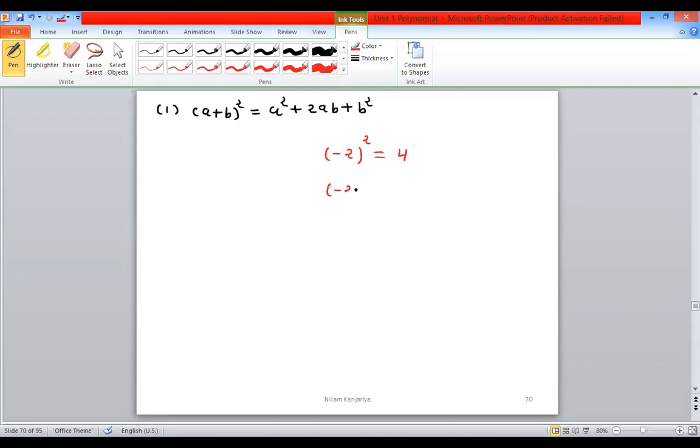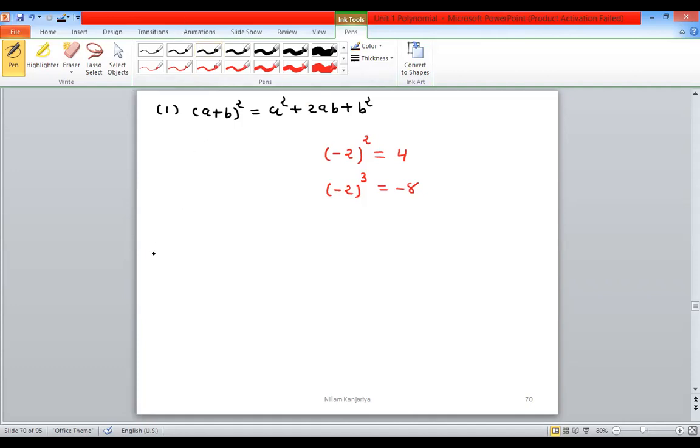But if I take a negative number and its power is an odd number, then what happens? Negative. It gives a negative answer. So just apply the positive and negative rules. When the power is even, the number gives a positive answer. And when the power is odd, the number gives a negative answer.